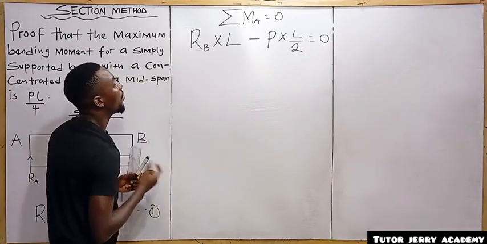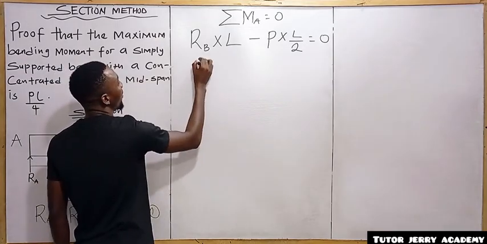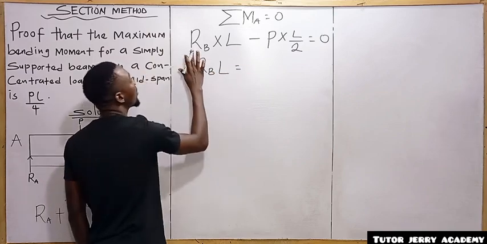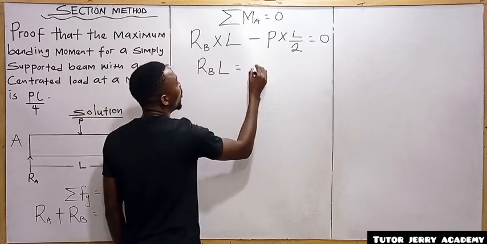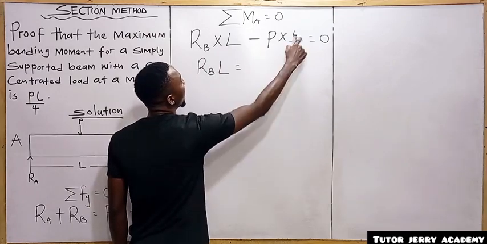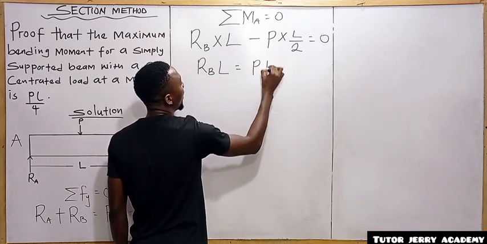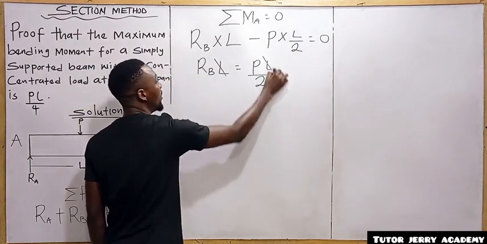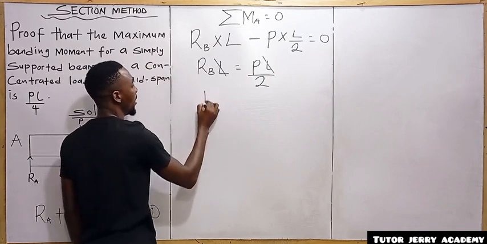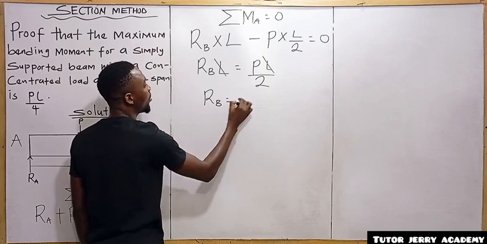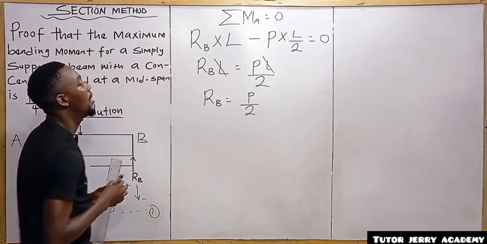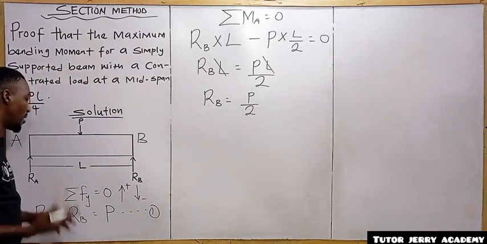Alright, so from here we can say RB multiplied by L, that is RBL, equals PL over 2. This L will go with this L, so our reaction at B equals P all over 2. Alright, so can we get our reaction at A? Yes, of course.